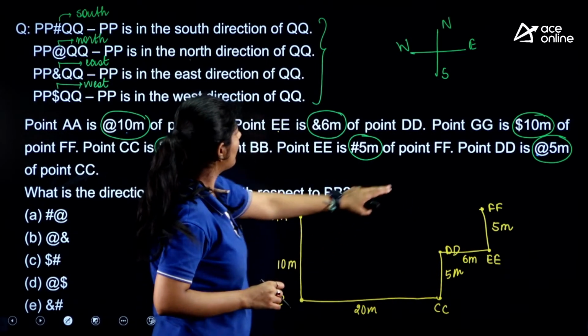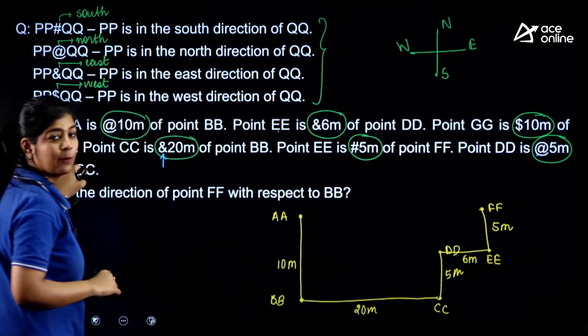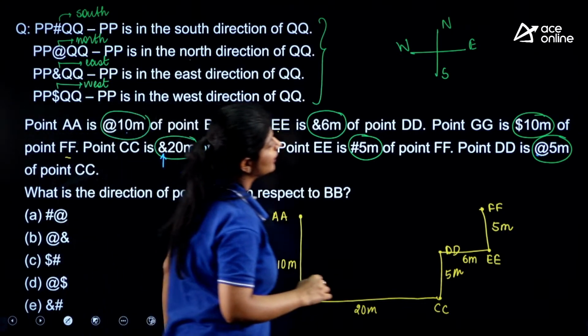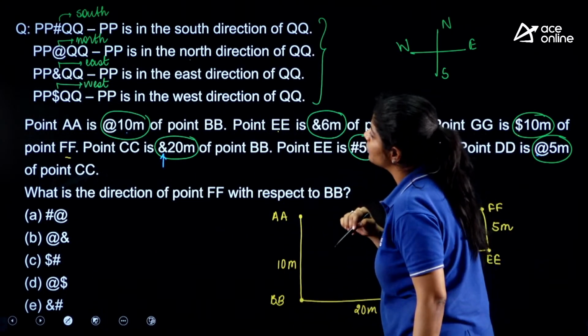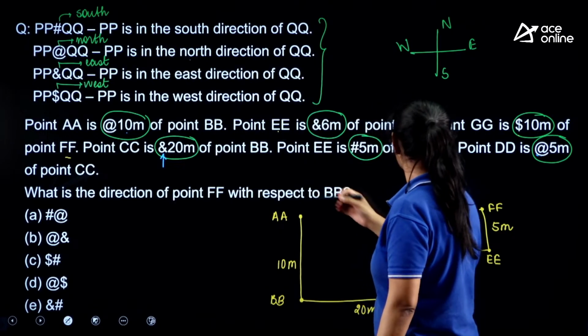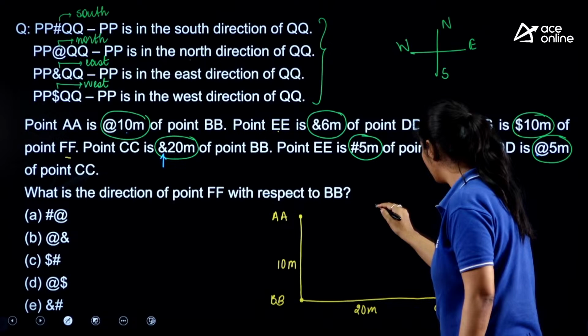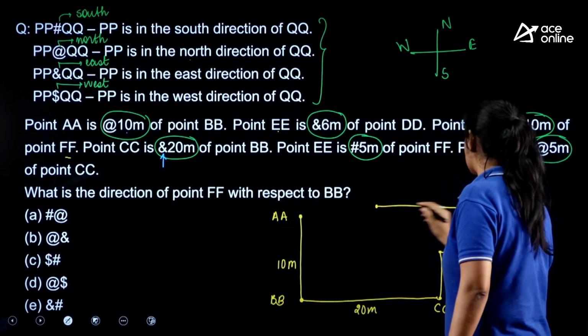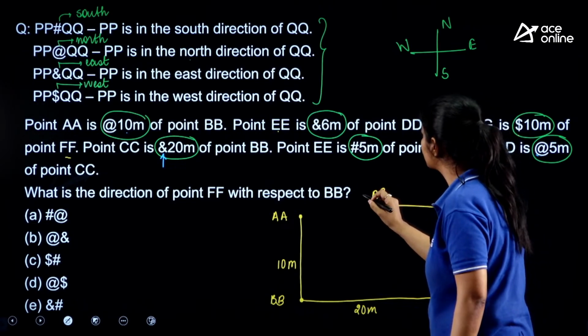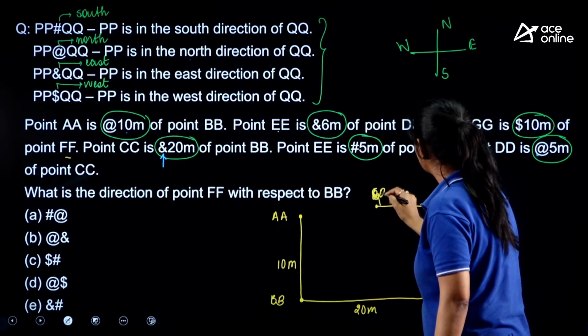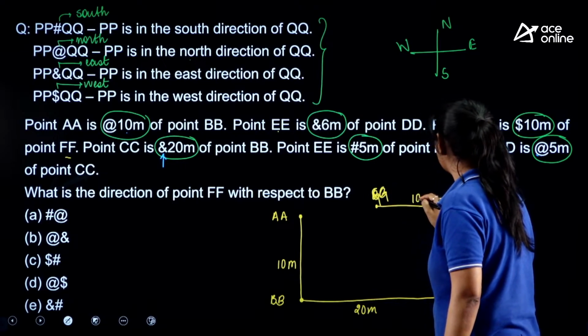Now with the help of point F, we need to determine point G, and that is $10 meters, that means 10 meters west. So somewhere over here we can assume this is point G at a distance of 10 meters.